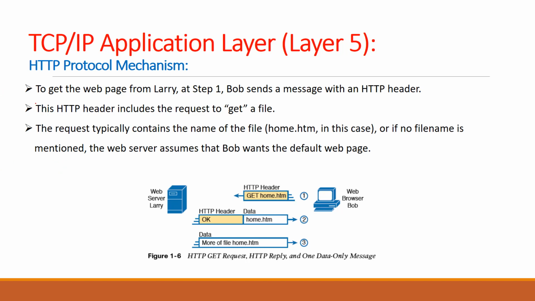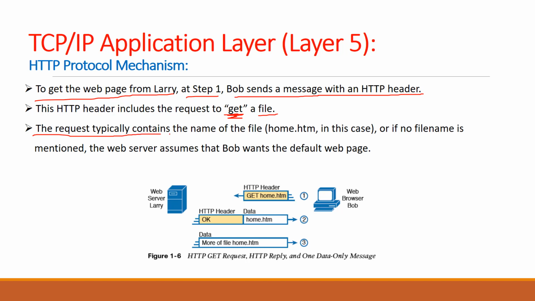As we saw, to get the web page from Larry at step 1, Bob sends a message with an HTTP header that includes the GET word to get the file, and it is stored in the HTTP header. And as we defined, HTTP is a piece of information that's used by a specific protocol.